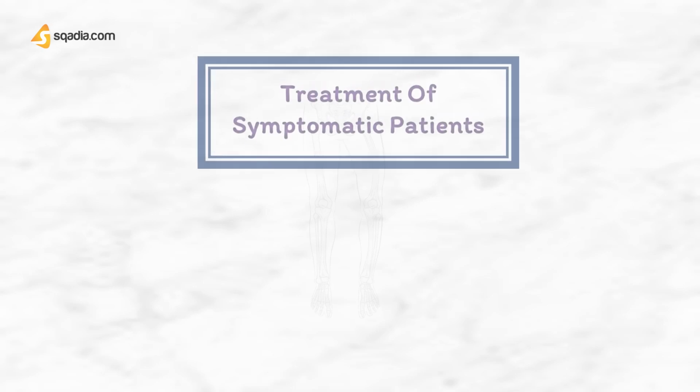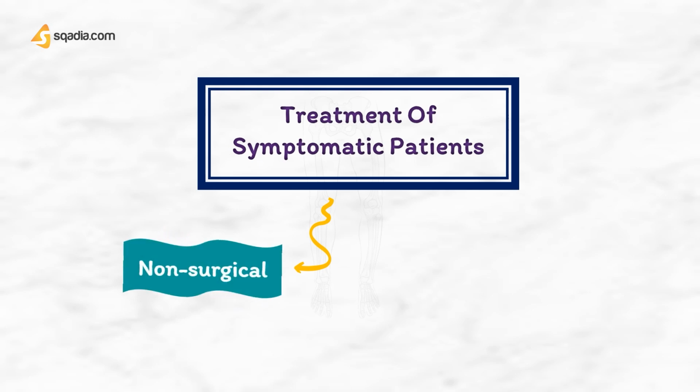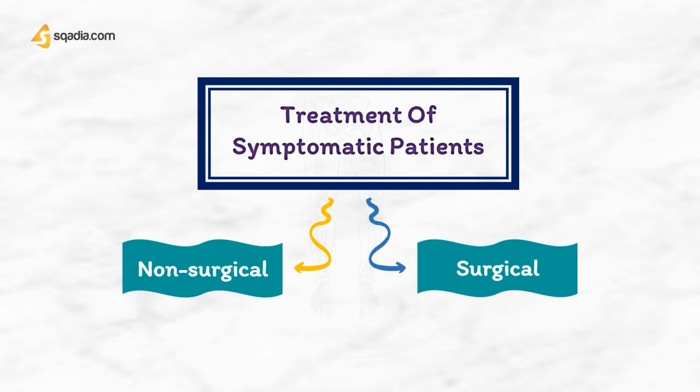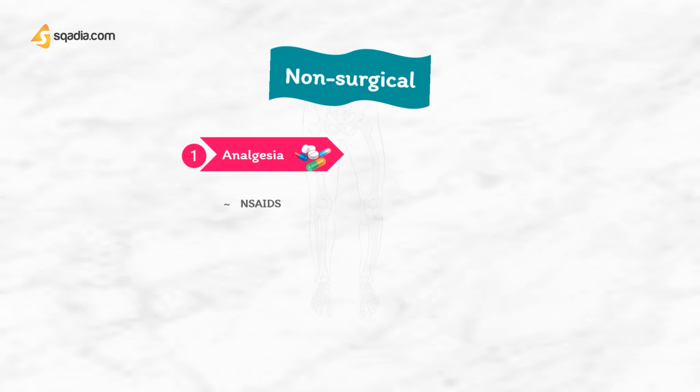Now, let's jump in to see how symptomatic patients will be treated. Treatment of symptomatic patients can be non-surgical and surgical. In non-surgical treatment strategies, first is analgesia or pain relief, which is provided by NSAIDs such as ibuprofen, naproxen, and aspirin, which treat mild pain in bones due to Paget's or arthritis in association with the disease.